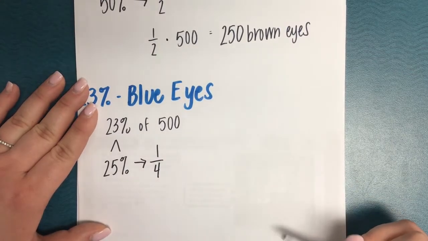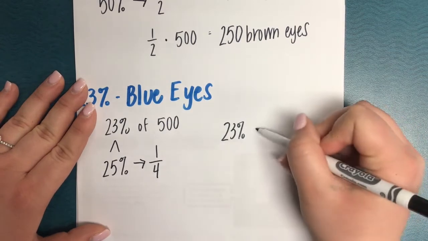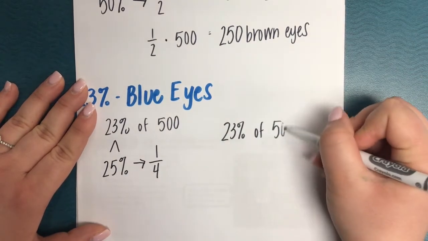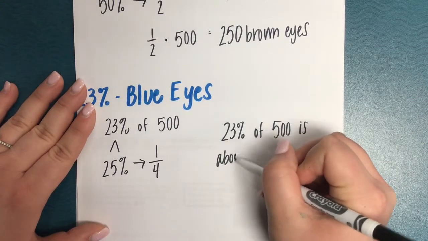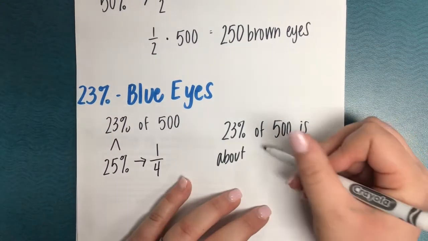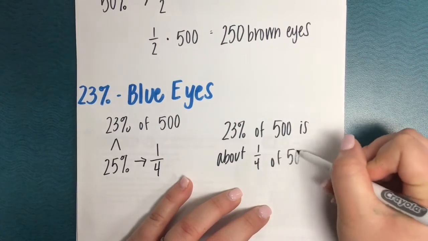Okay, so 23% of 500 is about 1/4 of 500.